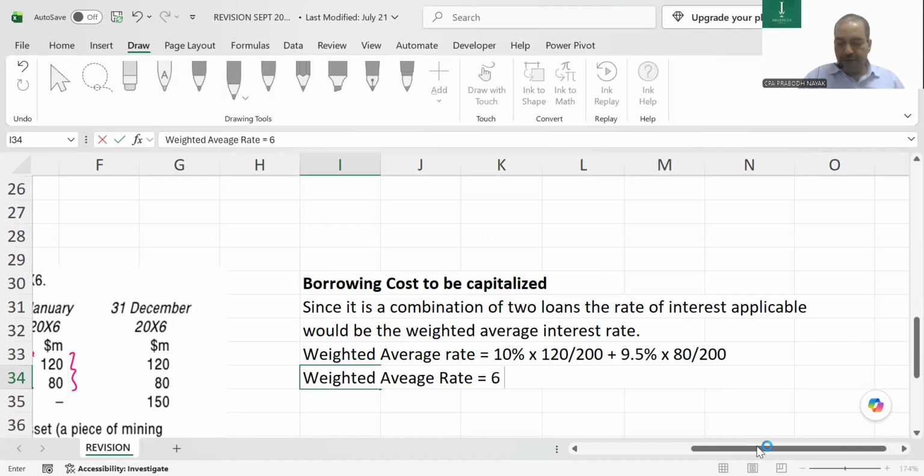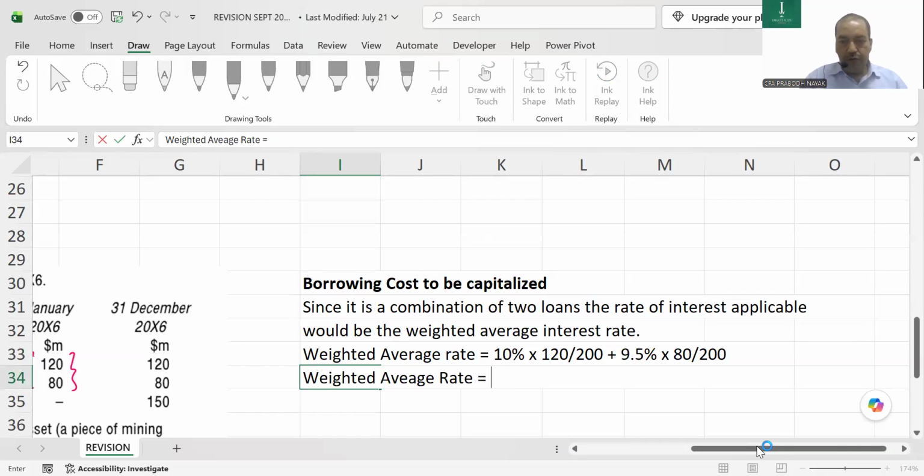6% plus 80 into 9.5% divided by 200 is 3.8%.